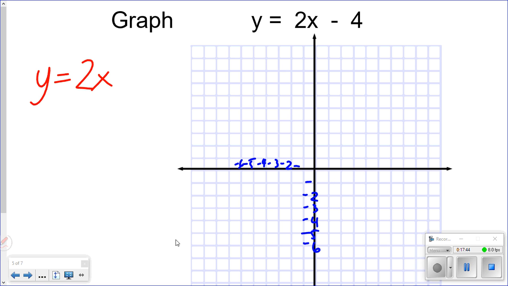Write your slope. Figure out what your slope is, if you need to write it out for yourself. Figure what your y is. Remember, if we don't have a y, think about what we talked about.